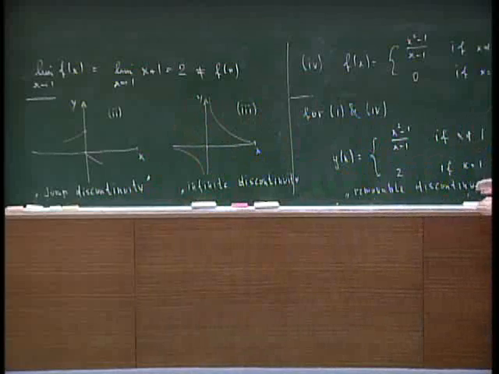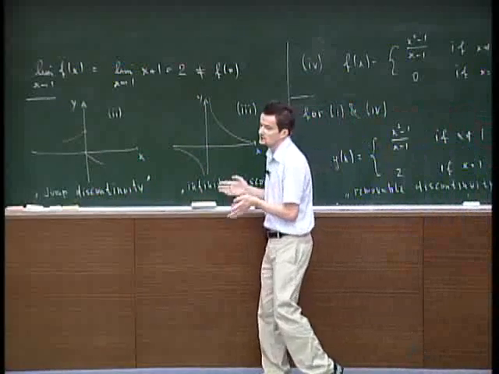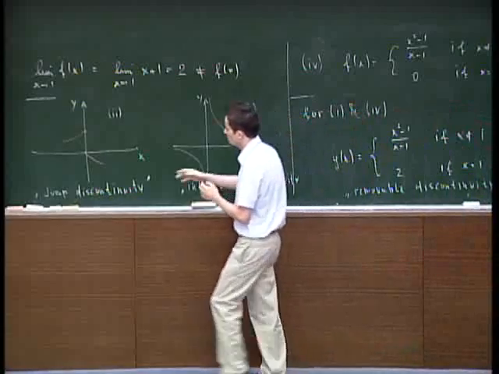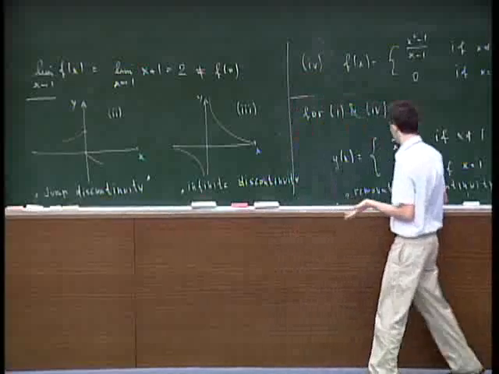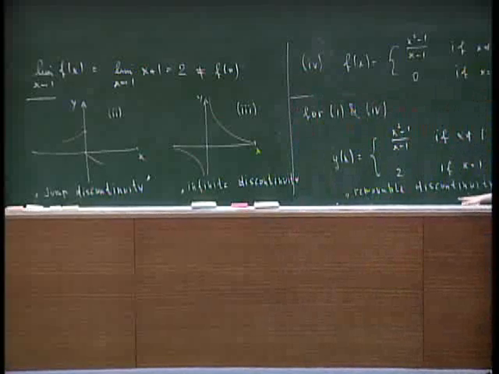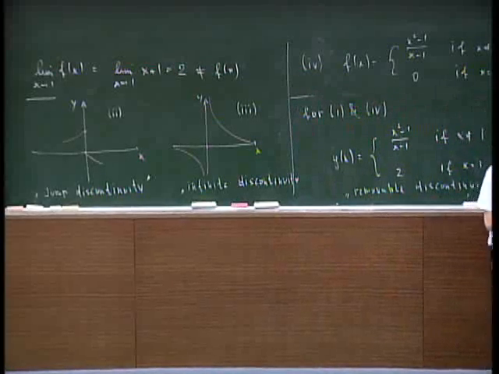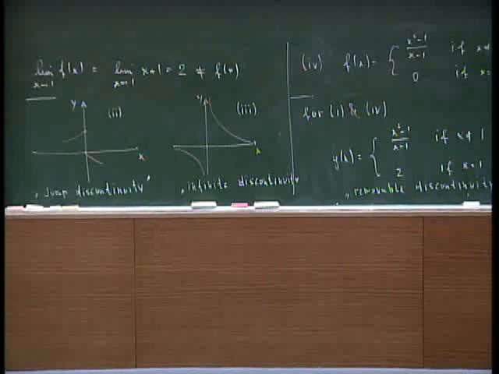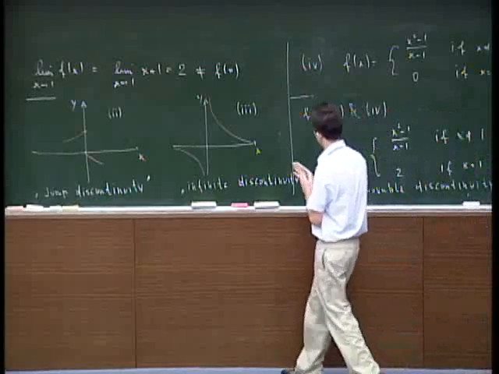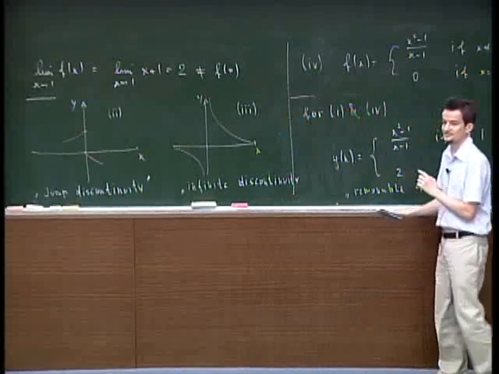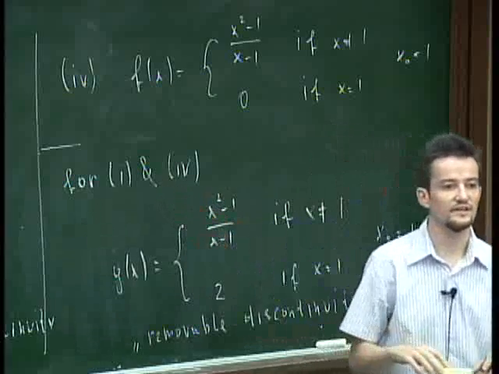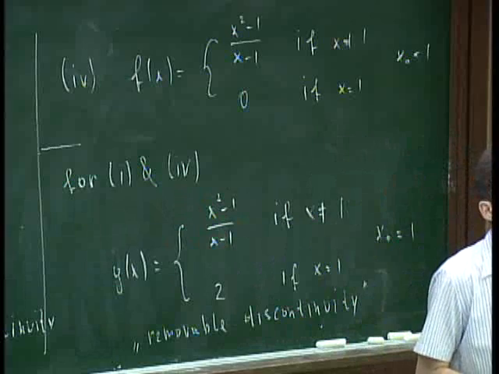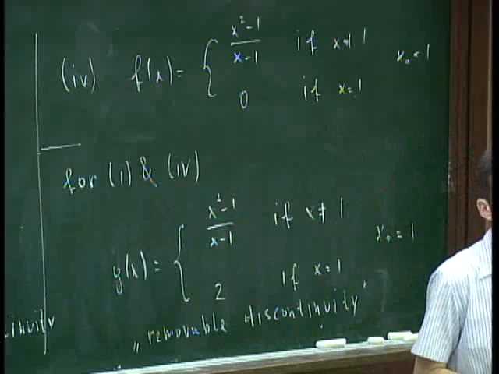Essentially these are the important behaviors: you have a jump discontinuity, or an infinite discontinuity, or a removable discontinuity. Only in the case where you have a removable discontinuity can you remove it, as the name already tells you. Any questions to this? So this already classifies the ways a function can fail to be continuous.